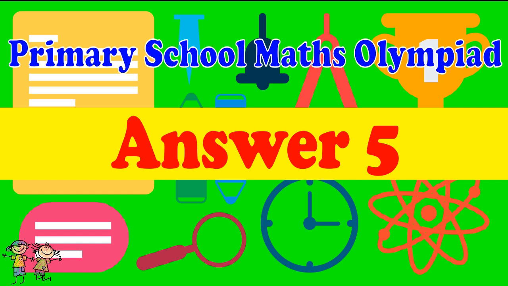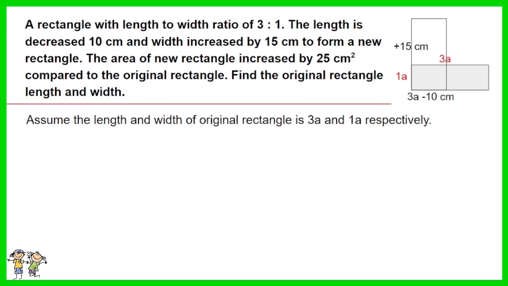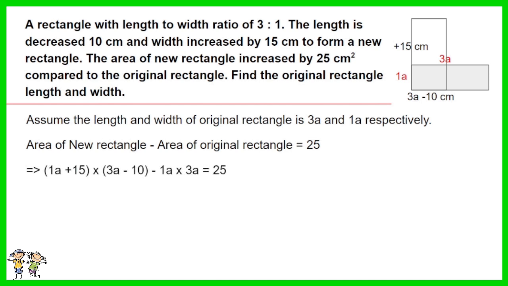Answer for question 5. Assume the length and width of original rectangle is 3A and 1A respectively. Area of the new rectangle minus area of original rectangle equals 25. Area of the new rectangle is the result of 1A plus 15 times the result of 3A minus 10.